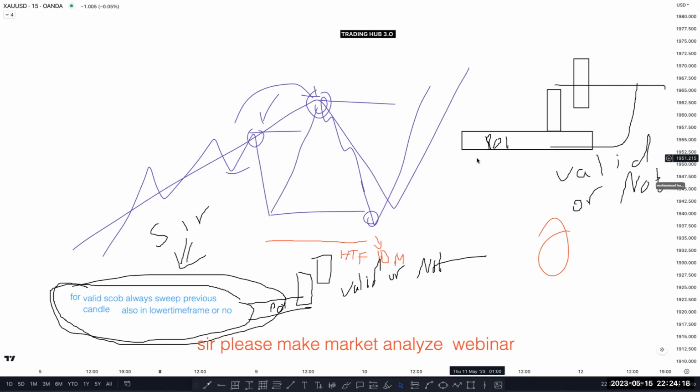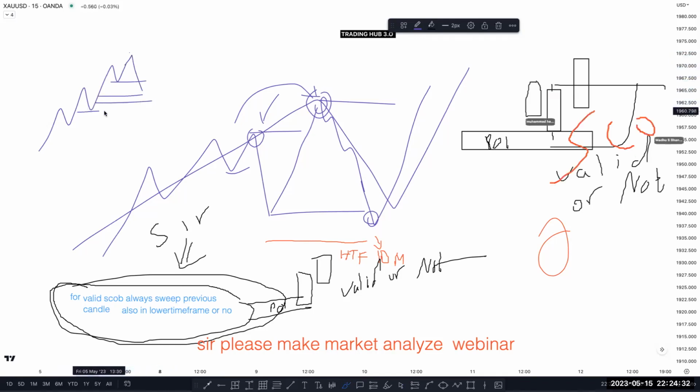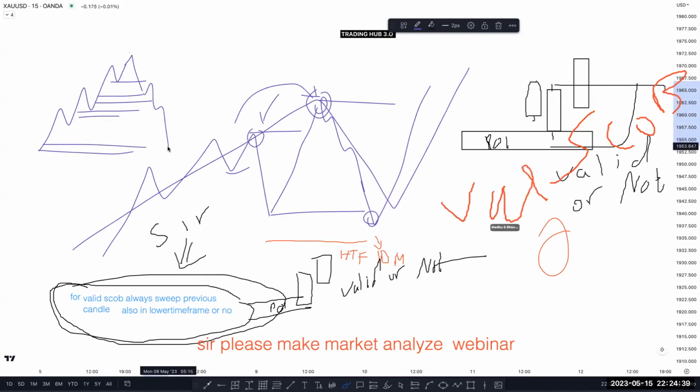Sir, you have to focus on decisional and extreme PY, right? For example, you have a first one which is decisional, and this one is another order block here, and a third one here. So you have to play on the first one and the third one, and the middle of the move is an SMT.